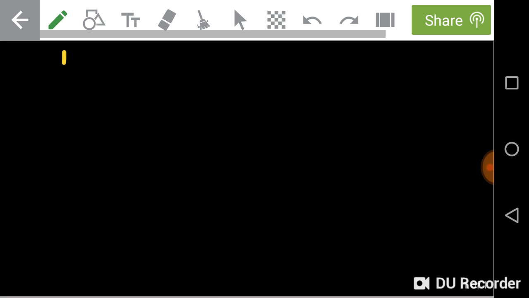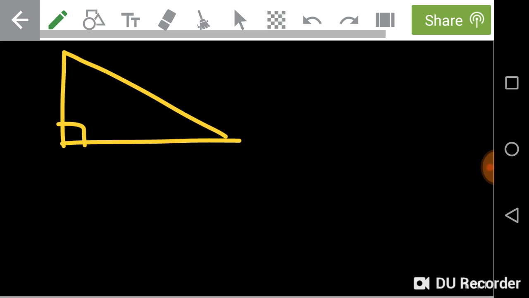Now let us get clear by drawing the triangle again. Opposite to the 90 degree symbol is the longest side of the right angle triangle, which is referred to as hypotenuse. So I am denoting the hypotenuse with the letter C over here.